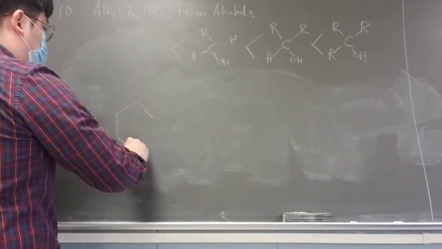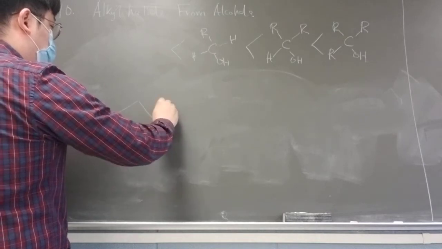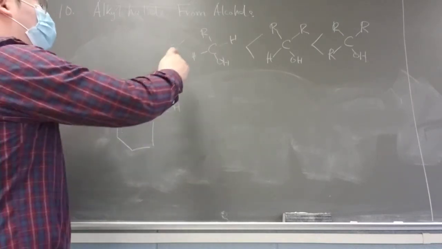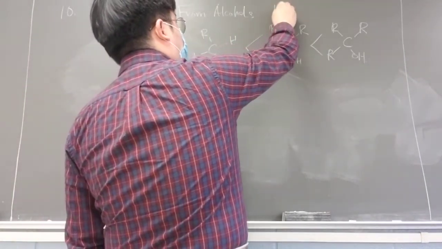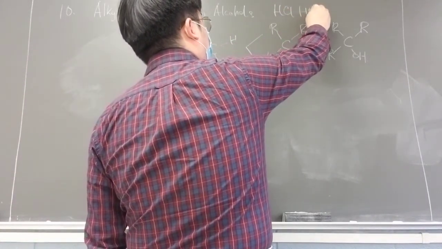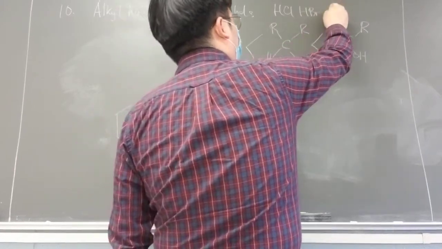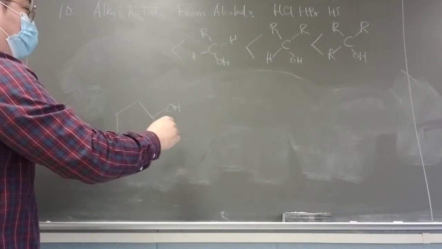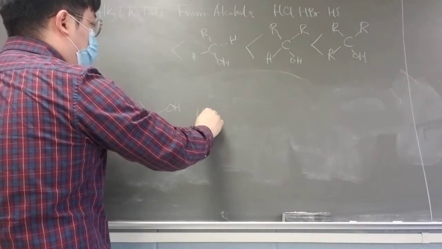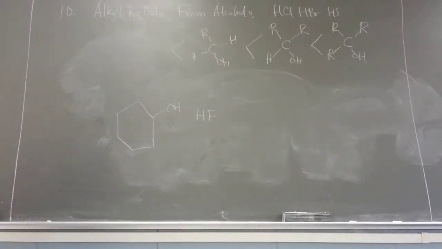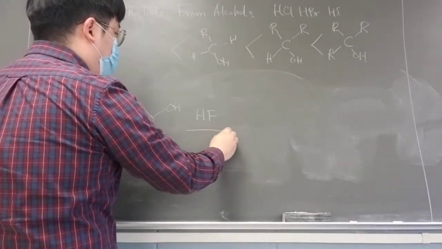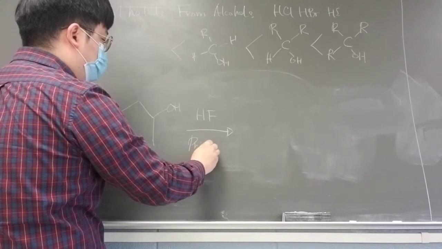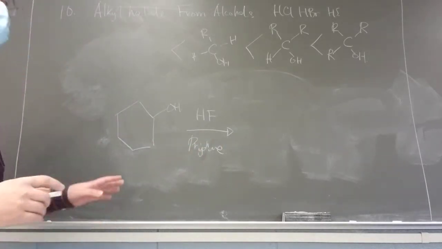Normally, they're all really good for HCl, hydrobromic acid, and hydroiodic acid is pretty good. But for this one, the fluorine is not really working so well. So you have a bit of a special condition to do this.